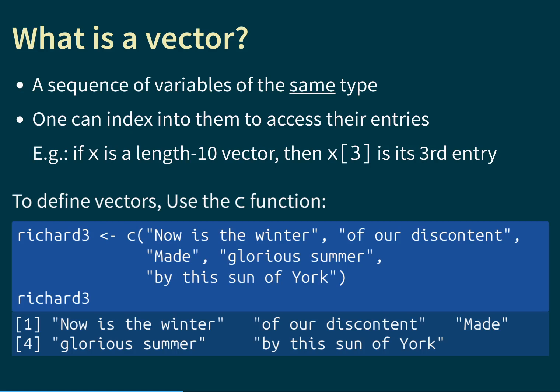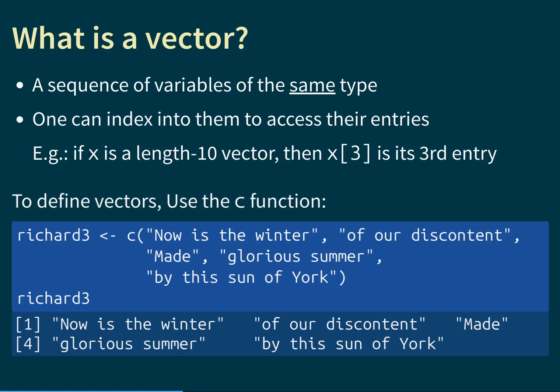Now we finally reveal one mysterious property of our output that so far made no sense. Remember in the very first lesson, when we talked about that number 1 that was bracketed at the beginning of every output that R produces, that you can still see at the bottom of the screen in front of "Now is the winter." Well, the reason it's there is because those index the entries of a vector.